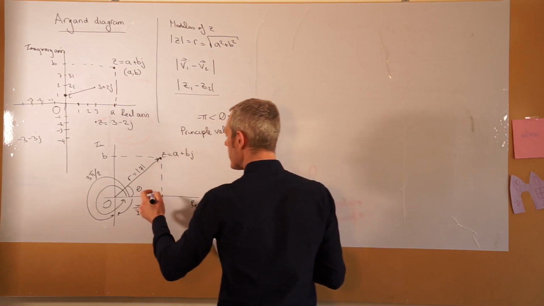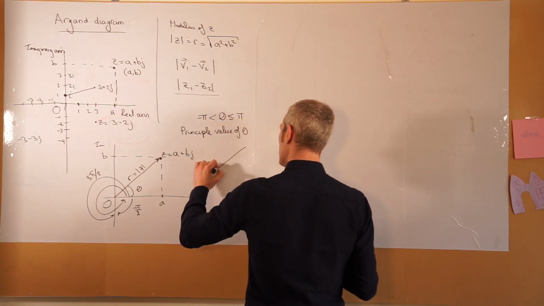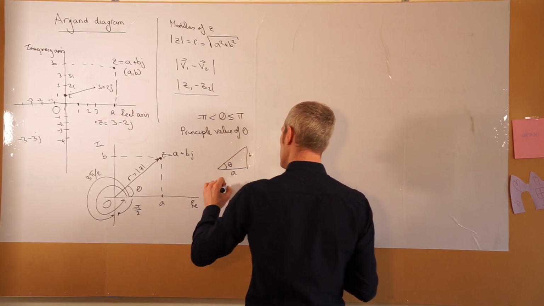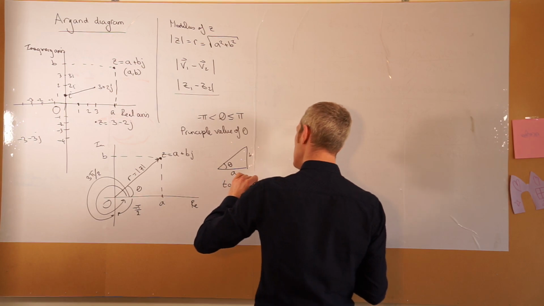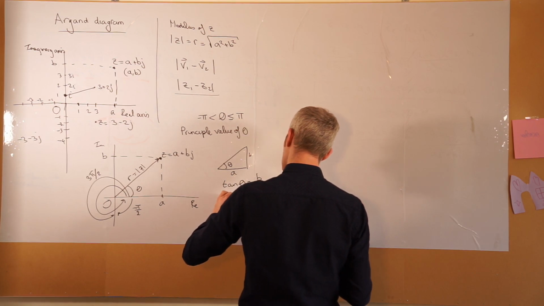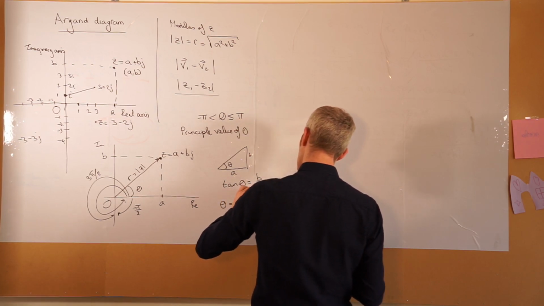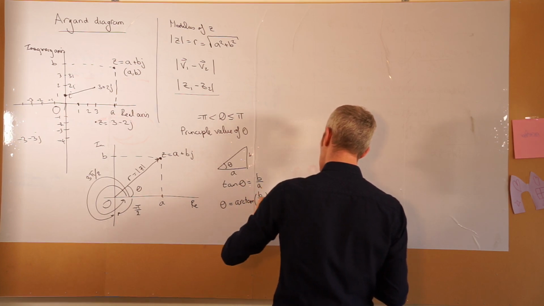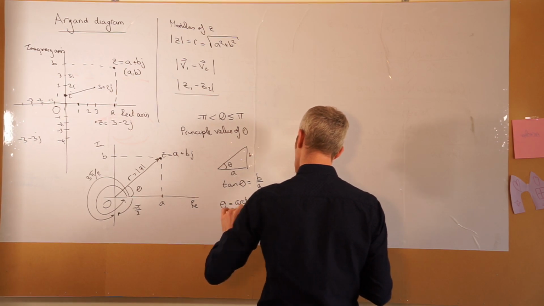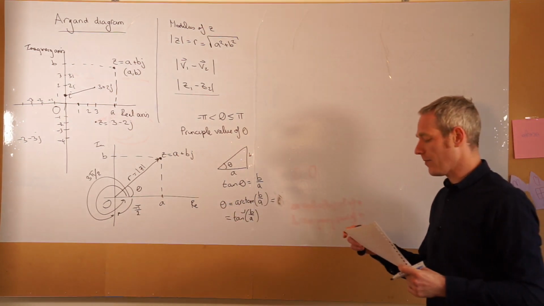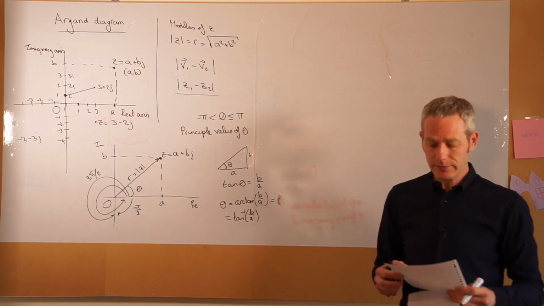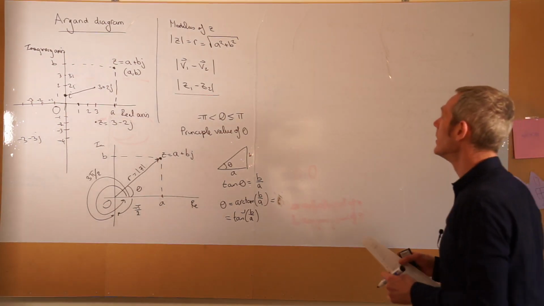We know that if we draw the triangle with height b, base a, and angle theta, the tangent of theta is b over a, which means that theta is the arctangent of b over a, or sometimes written as the inverse of tangent, tan to the power minus 1. Both are, of course, the same. So this is how we can determine the argument. So now we have a complex number.